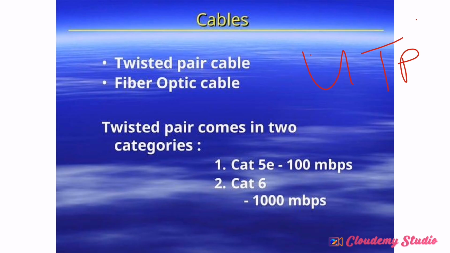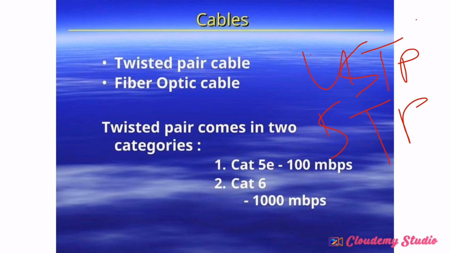Then we have STP, shielded twisted pair. Unshielded twisted pair is the one most used in network systems, like in the homes and offices. Shielded twisted pair is the one they use on the factory floor.